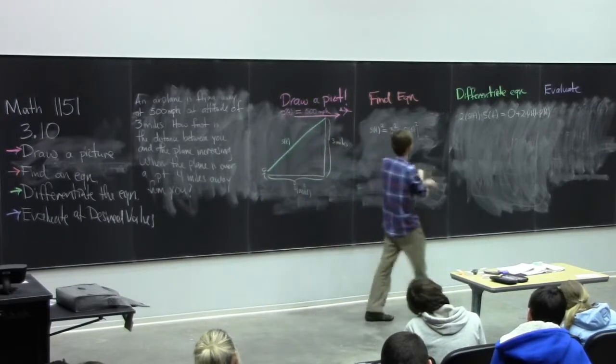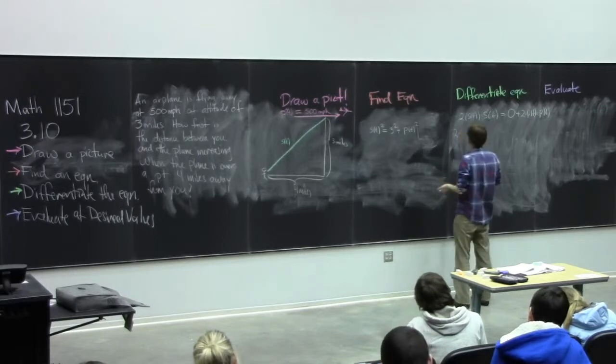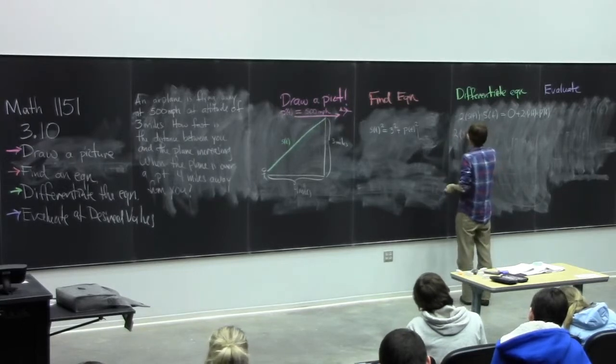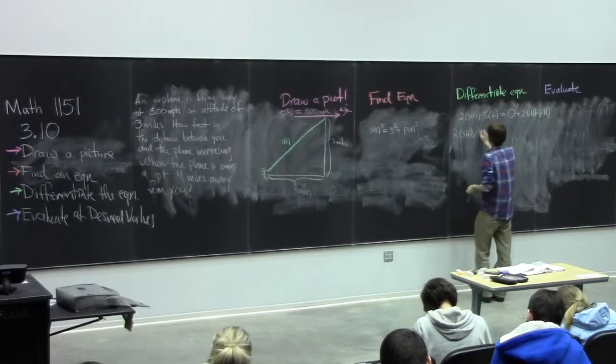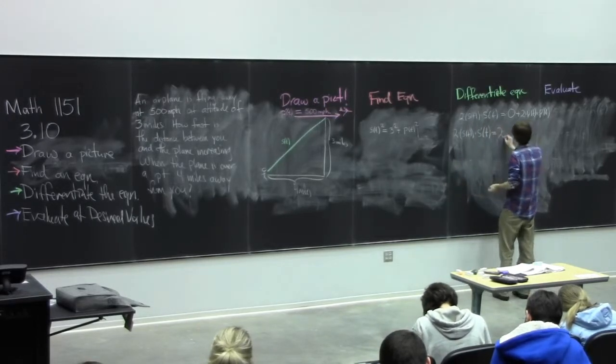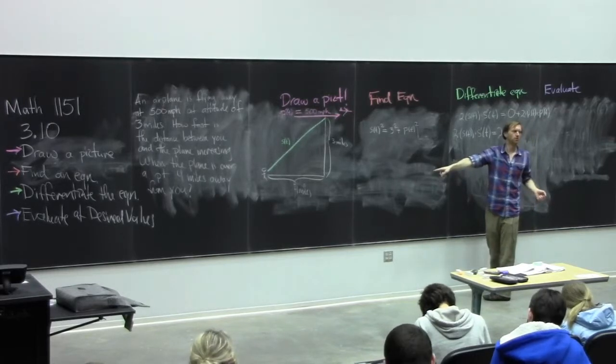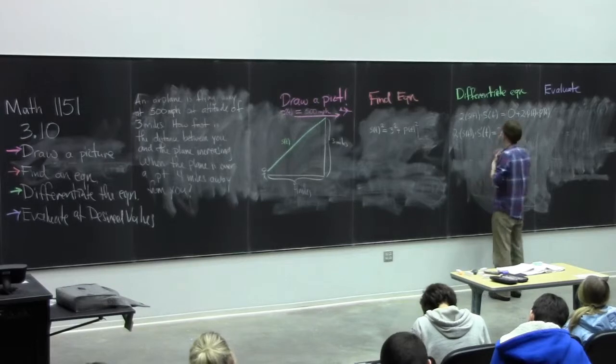So look, I can start to fill this in already. So 2 times s of t, I don't know yet. S of t and s prime, that's what I want to know. I don't know that yet. But I do know p of t. What's p of t equal to? 4.